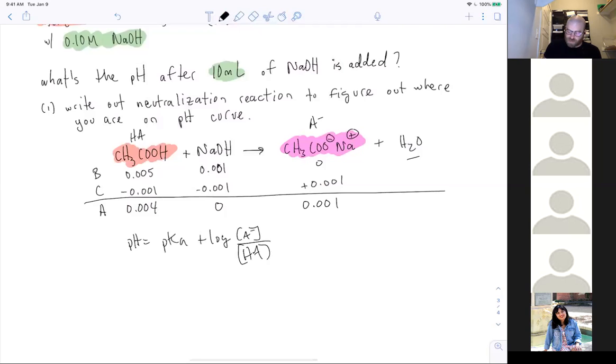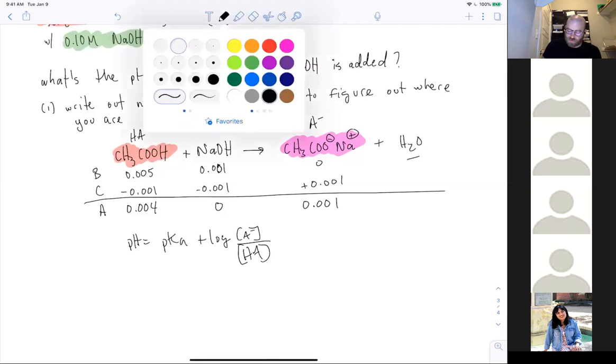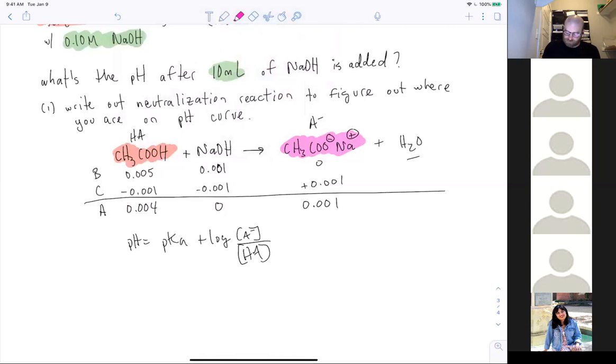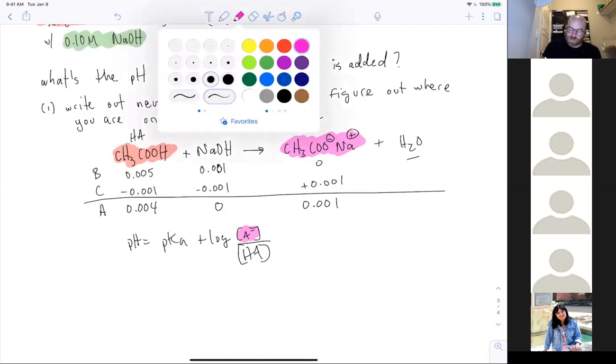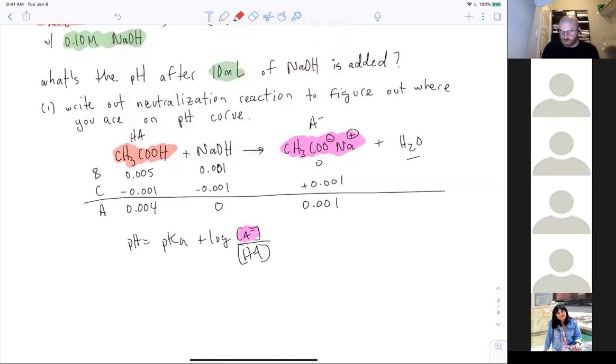And you'll note that the Henderson-Hasselbalch equation calls for concentration. Those brackets, remember, mean concentration. If you plug in the mole ratio, maybe you'll get the right answer since you're just dealing with ratios, but it's always a good idea to back out into concentration.